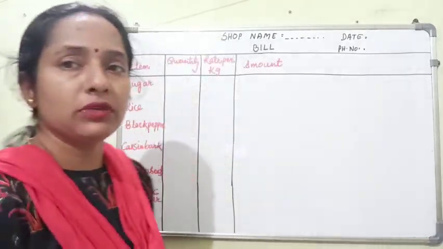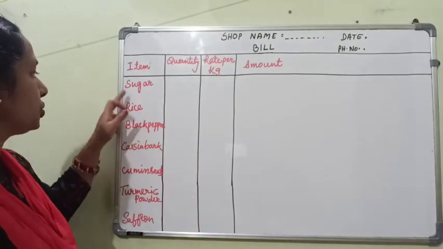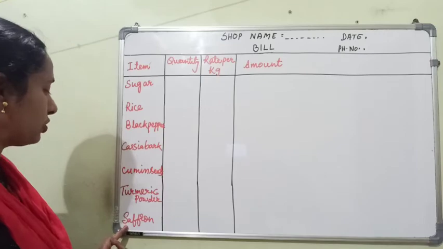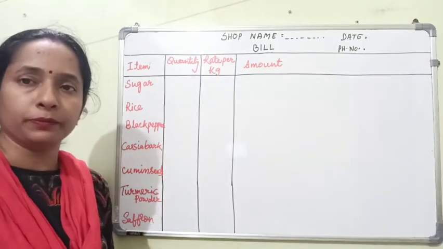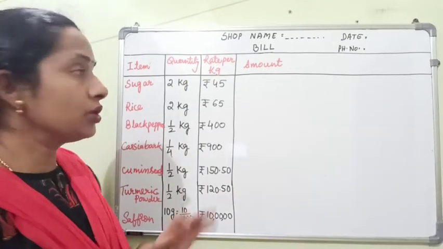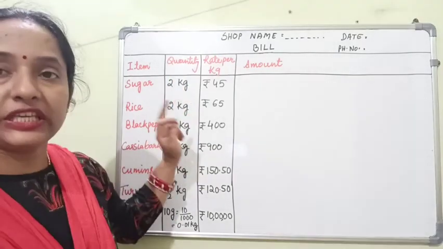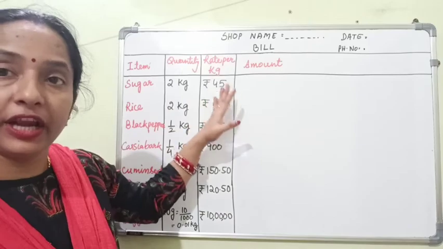Here Mrs. Ghosh has purchased sugar, rice, black pepper, cassia bark, cumin seed, turmeric powder and saffron from the shop. So here is the list of quantity of each item bought and the rate of each item.